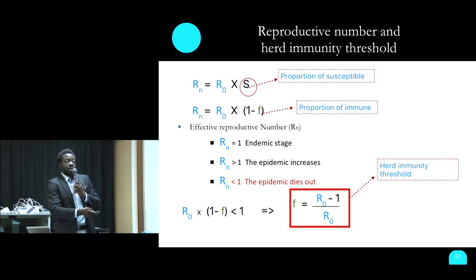So from this formula here, we can deduce what we call the herd immunity threshold, which is the smallest fraction of people we need to immunize, or we need to give vaccine to, in order to have a good effect for the vaccination. So the herd immunity threshold is just R0 minus 1 divided by R0.